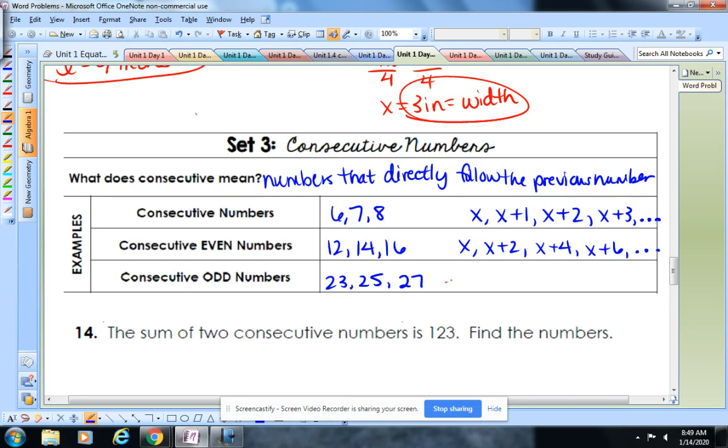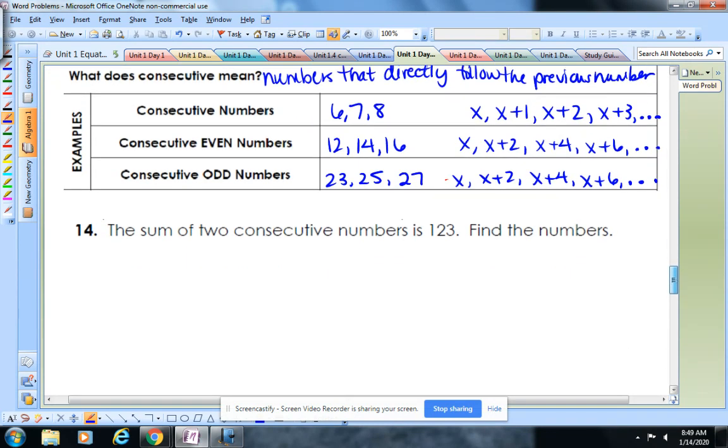Yeah. So x plus 2, then x plus 4, and then x plus 6. Now, odds and evens work the exact same way. You're just starting with an odd if it's odds, and you're starting with an even if it's even. Okay. So now we're going to use this information to help us set up and solve equations to find some numbers.